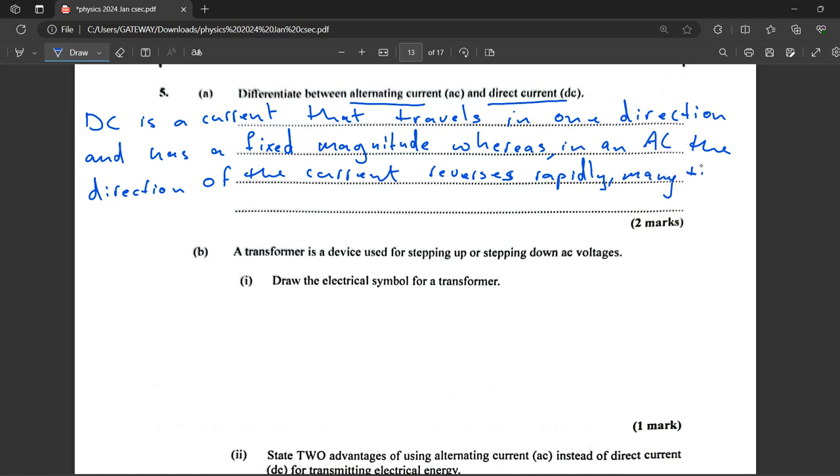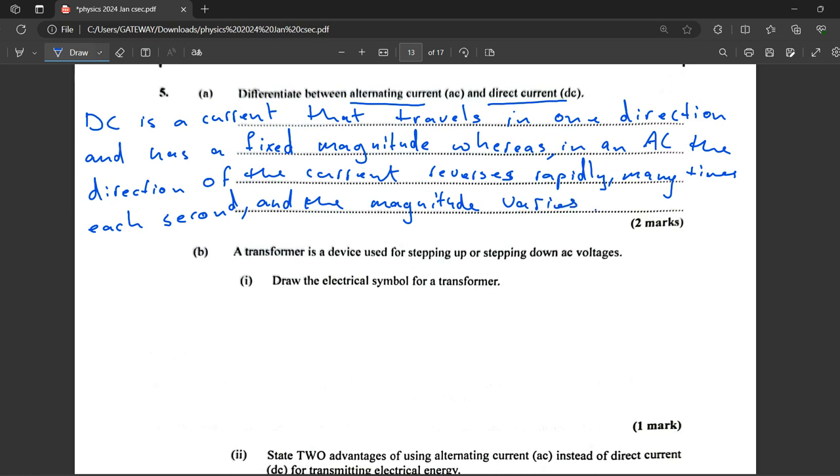Many times each second. And the magnitude varies.